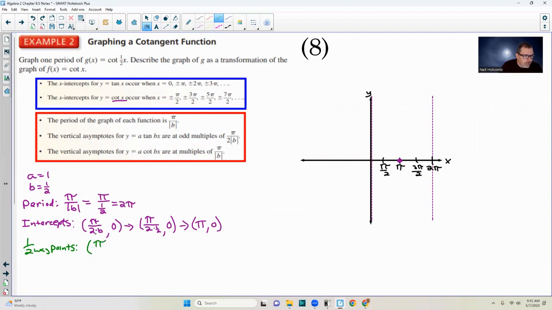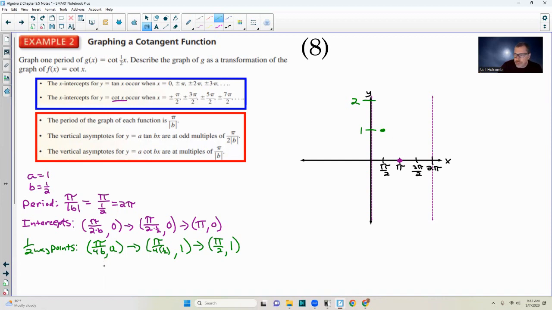It's going to be halfway from 2 pi, pi over 4 times b, comma a, whatever that value is, which is 1. So what's that going to give us? That's going to give us pi over 4 times b, which is a half, comma 1. And simplifying that, we get pi over 2, comma 1. So go over to pi over 2, and let's just say 1 was right here, and 2 is up here. I am right there. Pi over 2, comma 1.